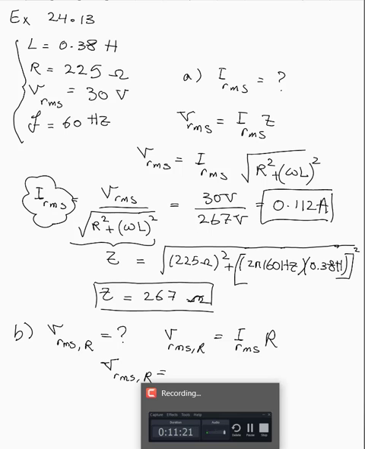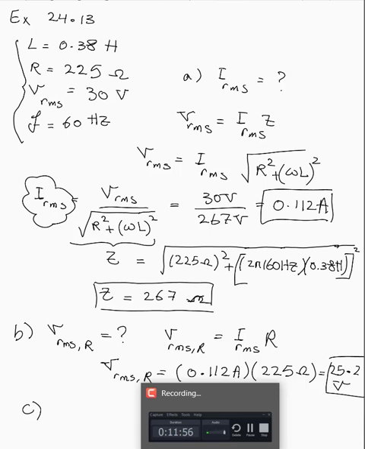Remember that if part A was not given and they ask you for the voltage across the resistor, you should still do part A in order to find the current in the circuit. Now let's plug in IRMS, which is 0.112 amps, times 225 ohms, and this gives me a voltage of 25.2 volts.